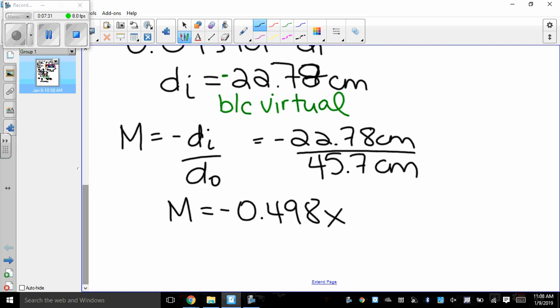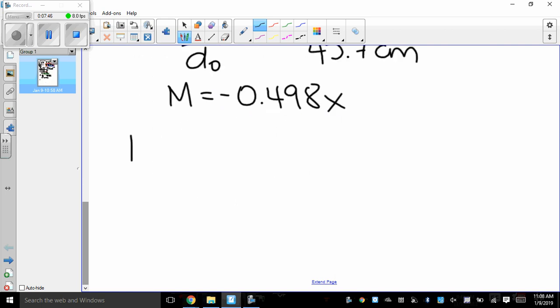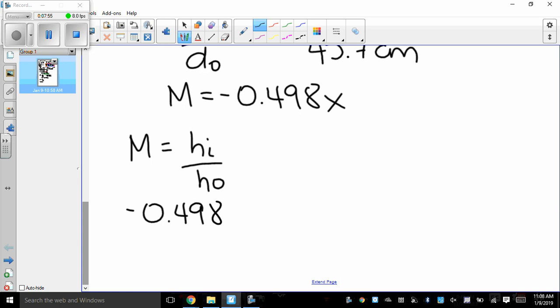Okay. From there, I now have a magnification value. I have a height of object, and I need to find height of image. Is that right? Yeah. Okay. So I'm just gonna extend down. Are we still doing okay? Yeah. Okay. So magnification is height of image over height of object, and I'm plugging them both in. And this was 4 centimeters, right? Yeah.